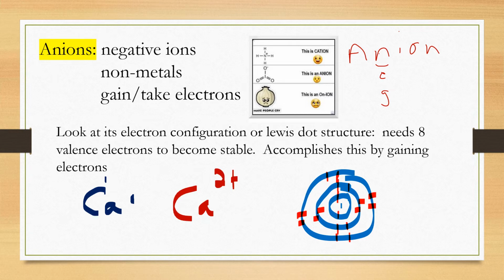Okay? So that's how we can look at it with electron configurations or Lewis dot structures. Basically, they're gaining or losing electrons, gaining electrons if they're anions, losing if they're cations, and then they take on that plus or minus charge because they have more or fewer electrons than they do protons now.